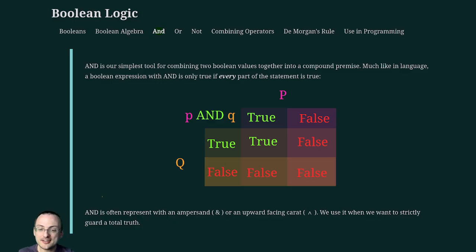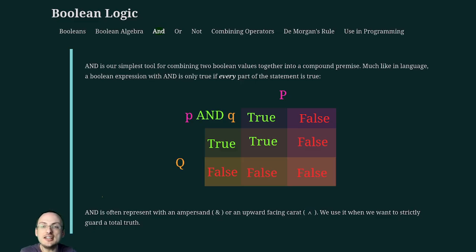This AND operator is really great when we want to strictly guard a total truth. We don't want any half-truths slipping in there. This AND is great for saying, okay, every part of these multiple conditions must be met. And in logic, we often represent this AND, rather than writing out the word AND, with an ampersand or an upward-facing caret like this.